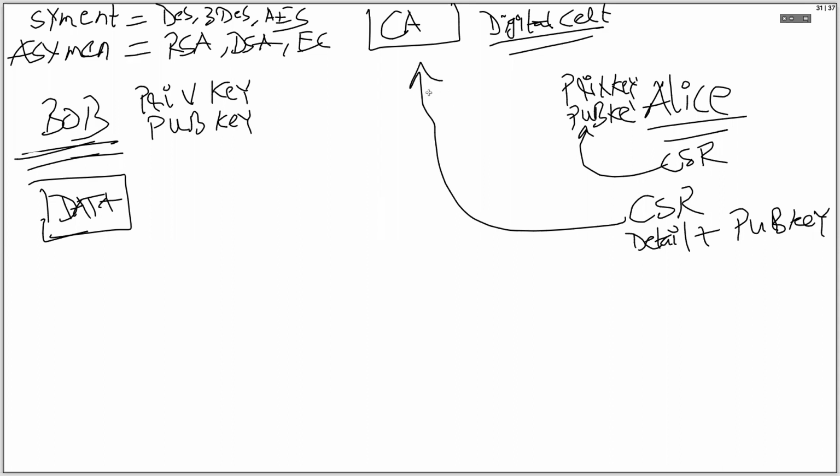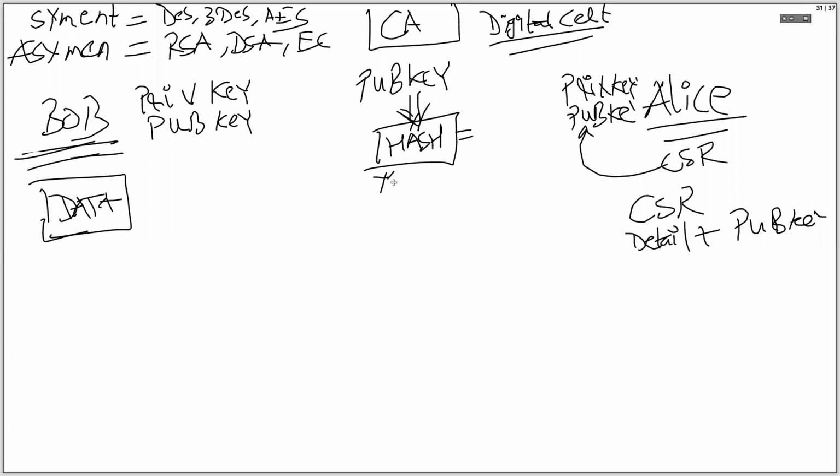What is a CA going to do? The CA takes that CSR plus the public key, takes the public key which is yours, and puts it into a hash algorithm. If you put anything in a hashing algorithm like MD5, SHA, what comes out?